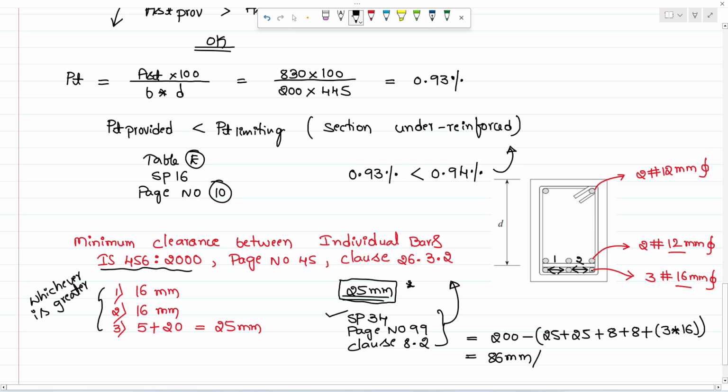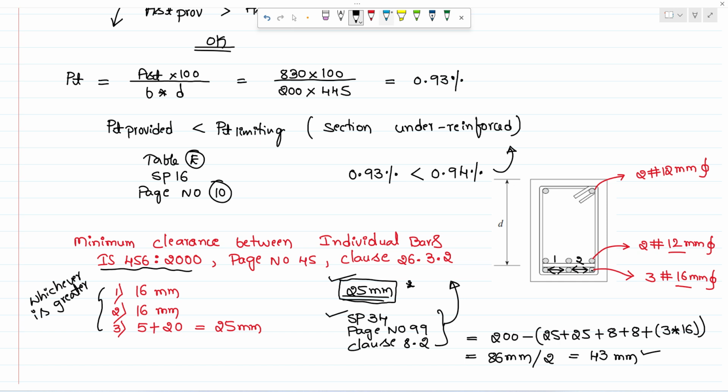So 86 divided by 2, I think you will be getting 43 mm. The code says minimum clearance between the individual bars, it should be 25 mm, but actually I have a distance of 43 mm.